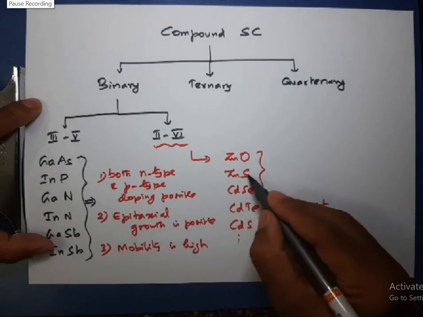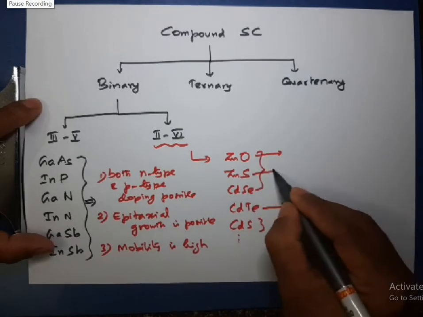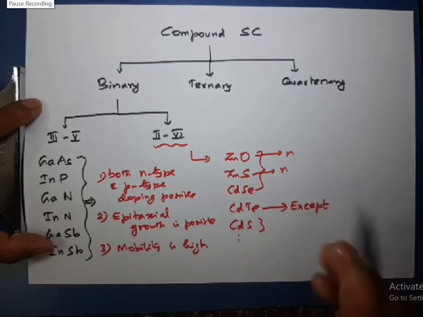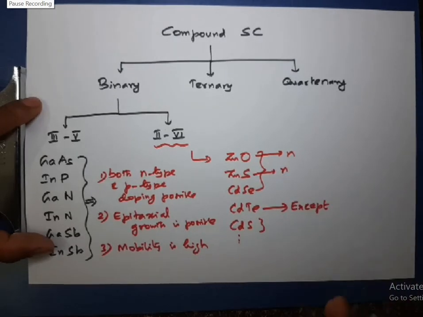See, in zinc oxide and zinc sulfide, these are materials in which only n-type doping is possible, p-type doping is not possible.